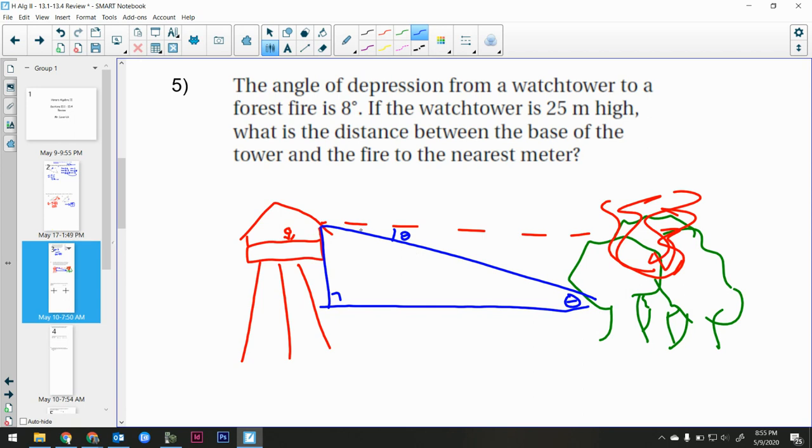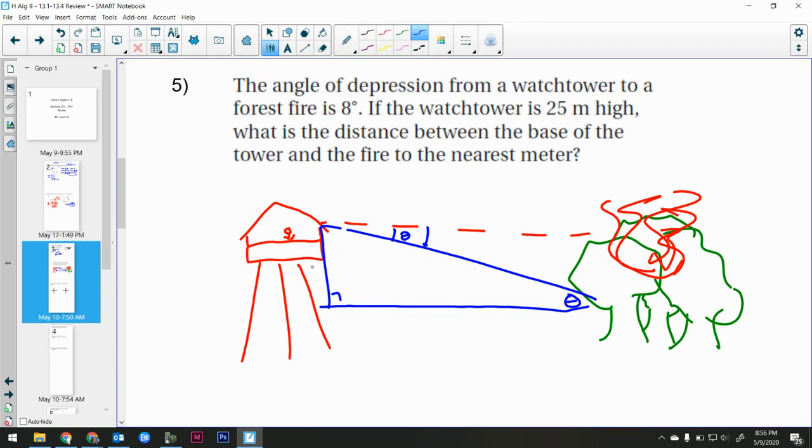Right? Angle of depression is equivalent from here and here. So if I'm looking down to something, angle of depression, it's the same as the angle of elevation down here. So there's my theta. Don't put it in here. Right? This is not theta. Don't do that. Okay. So angle of depression is there.